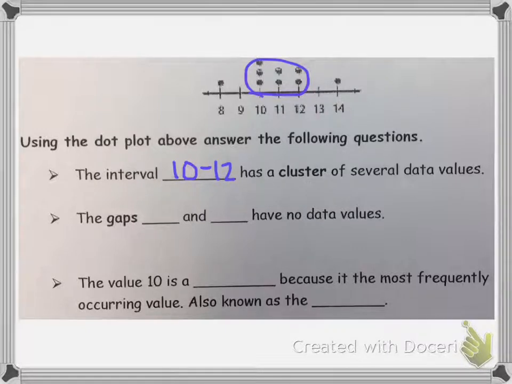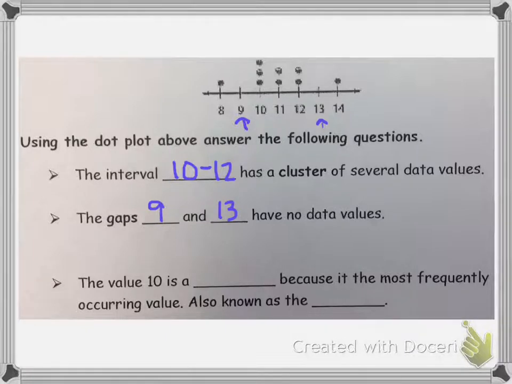Then we want to look for our gaps. Our gap is where there are no values, and that's at intervals 9 and 13. They have no data values. Then our next thing says the value 10 is a blank because it is the most frequently occurring value.